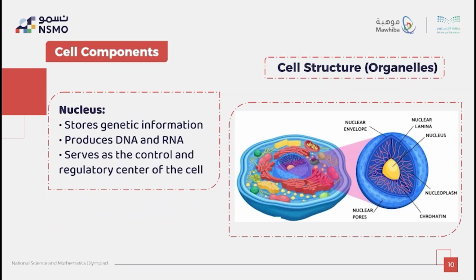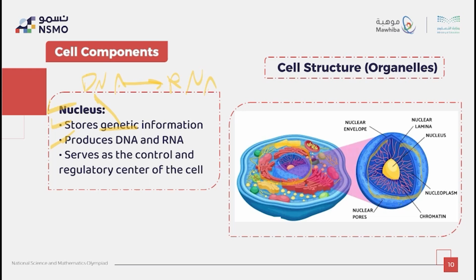Let's talk about one of the most important organelles ever. It's the nucleus. Why? Because it stores the genetic information. Genetic information is DNA, and the DNA produces RNA, as mentioned here. And let's look at the picture, guys. Here, the nucleus, and this is the nuclear envelope.